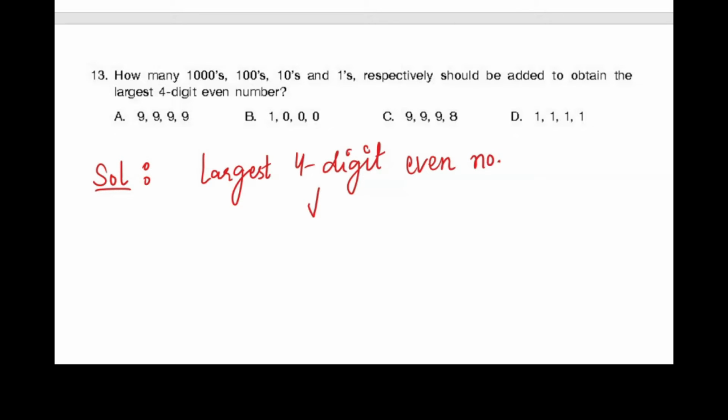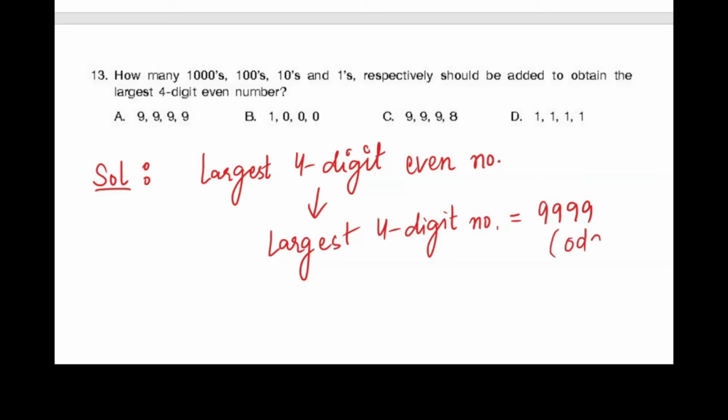Okay, so for locating this, it's a 2-step process. First, largest 4-digit number. Largest 4-digit number is 9999. But this is odd. We need to find the even.